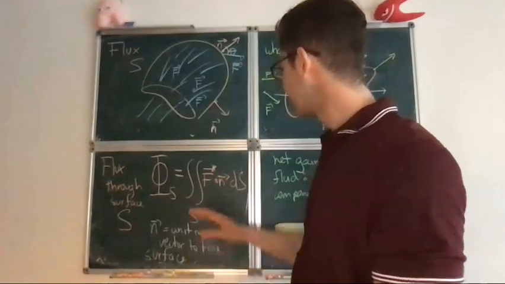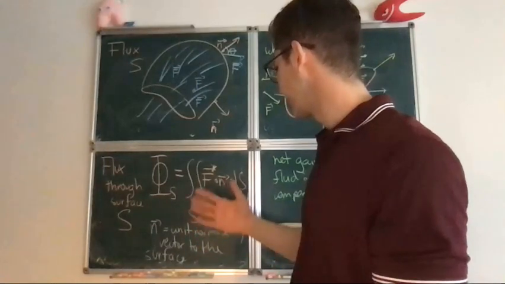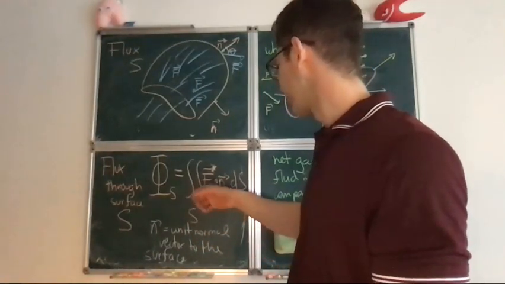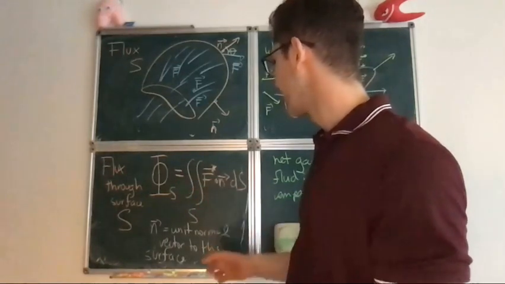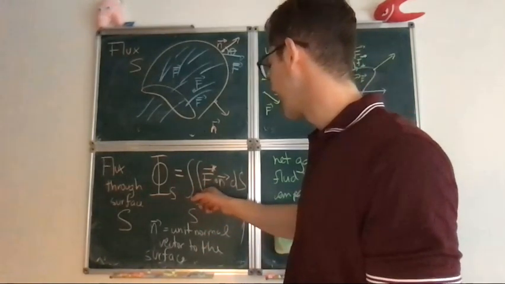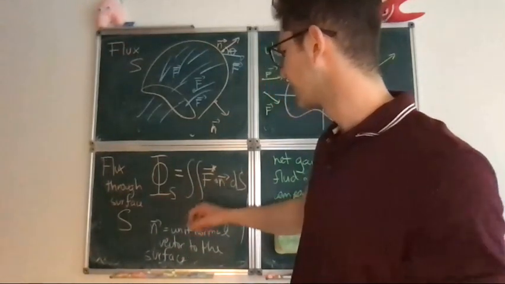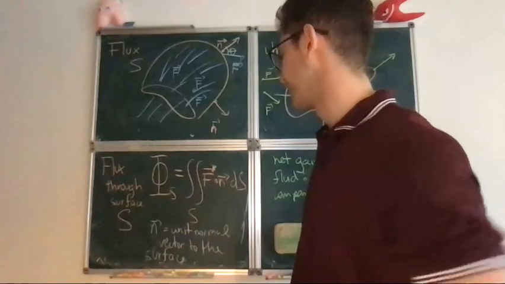So these are similar to the surface integrals that we did before, except that instead of taking the dot product between the curl and N, now we're just taking the dot product between F and N. And N is a unit normal vector to the surface.